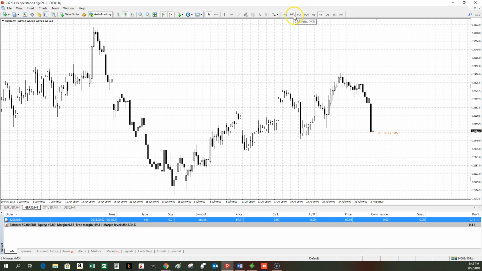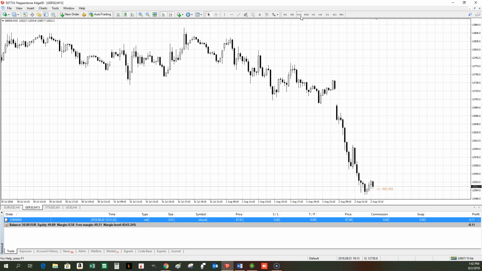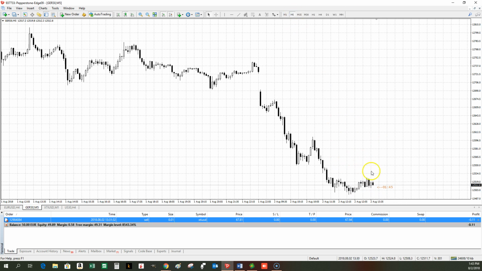So let's go to the 15 minutes. You see, we have a very big drop on this asset. So exactly the same way, we are following the trend, and we're going to open a new trade on this asset. All right, so let's go on 5 minutes.